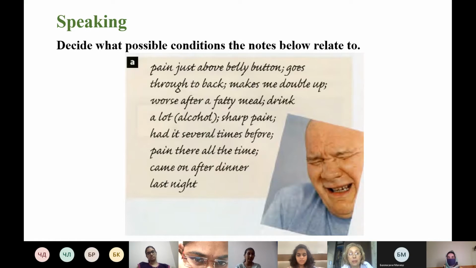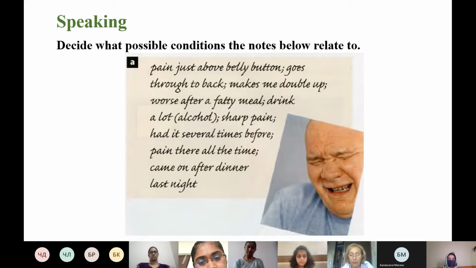Makes me double up. Double up means when the person can't stand straight, he bends forward, like to ease the pain because he has the pain in his stomach.